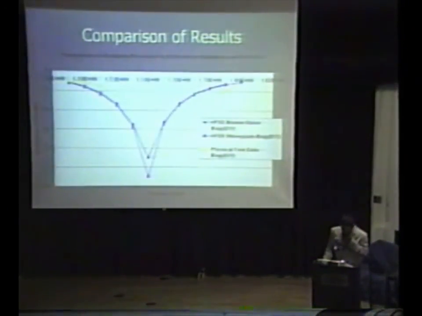Next is a comparison of my results. It has both the computer simulated infinite array and then the waveguide simulations, and then the physical test data. What you're seeing is the scattering parameter, S11, and that's the ratio of the energy transmitted back to the energy first sent out.